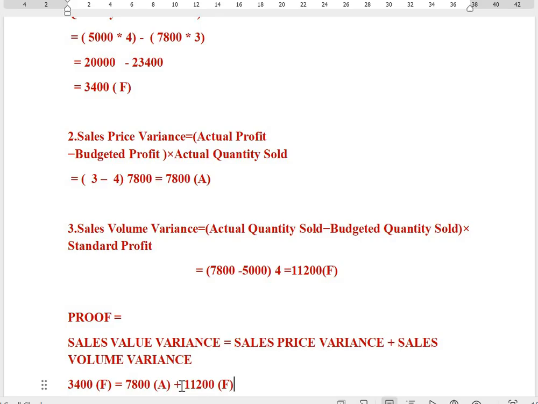So 11,200 minus 7,800 we get 3,400 favorable. So in such a way, for the sales value method also, you can calculate and prove this result. Okay, thank you.